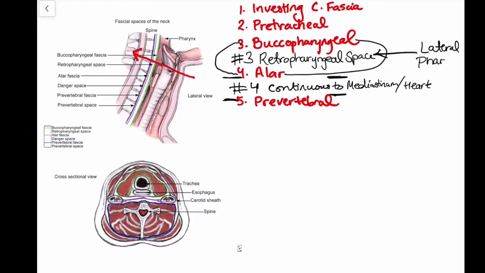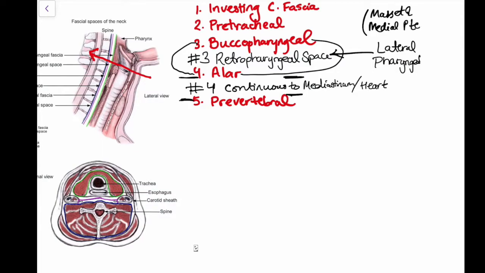The lateropharyngeal space is important in dentistry because any infection you have between the medial pterygoid and the masseter muscle can basically leak.